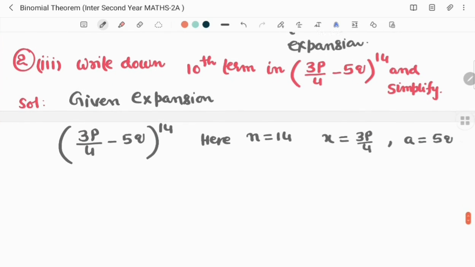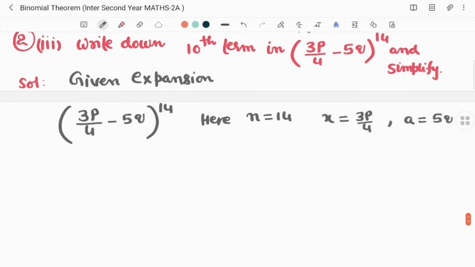They are asking to calculate the 10th term. So T10 can be written as T9 plus 1. You have to compare with T(R plus 1), then R is equal to 9.